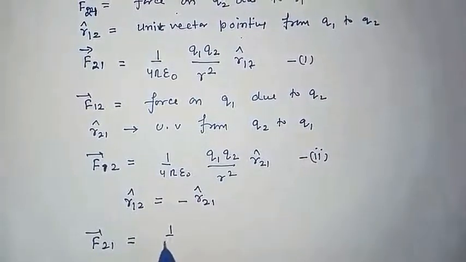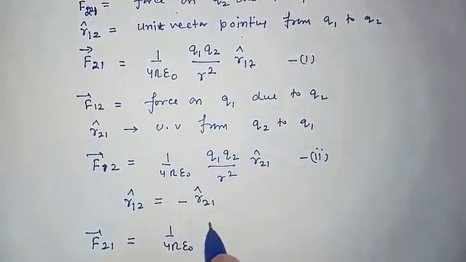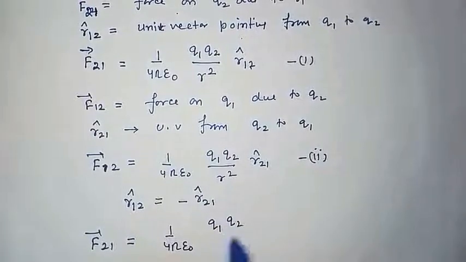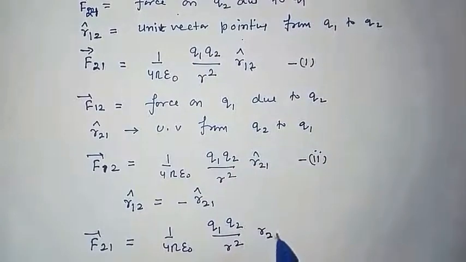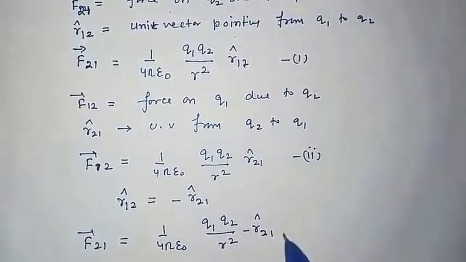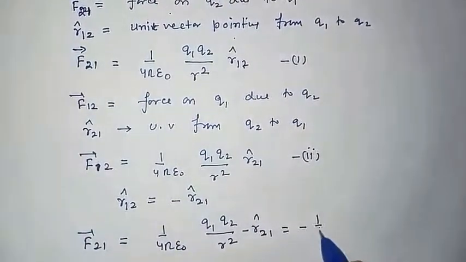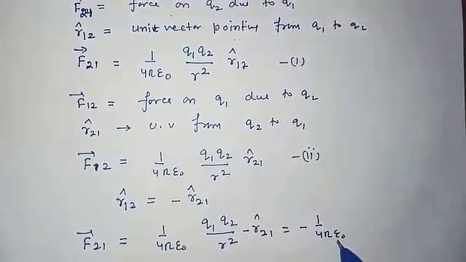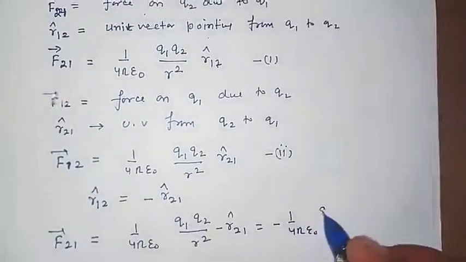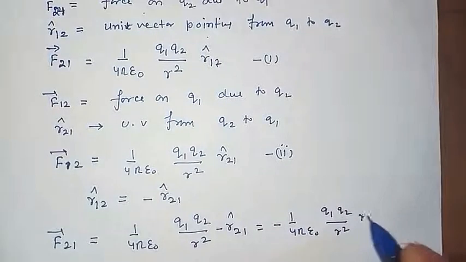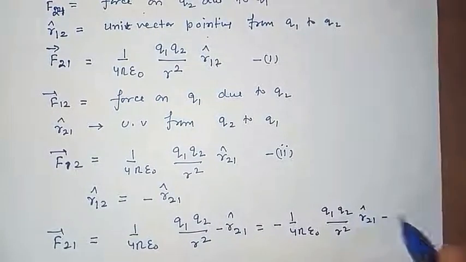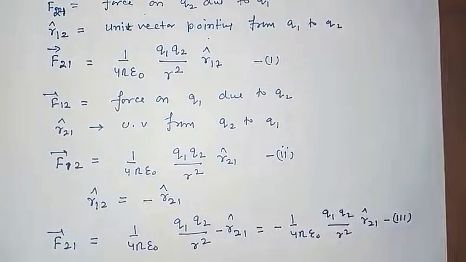F21 equals 1 upon 4 pi epsilon 0, q1 q2 upon r square, times minus R21, that is minus 1 upon 4 pi epsilon 0, q1 q2 upon r square, R21, equation number 3.